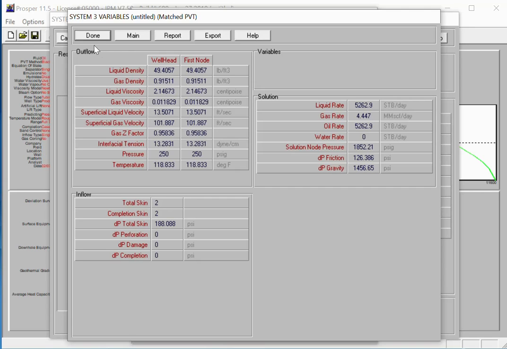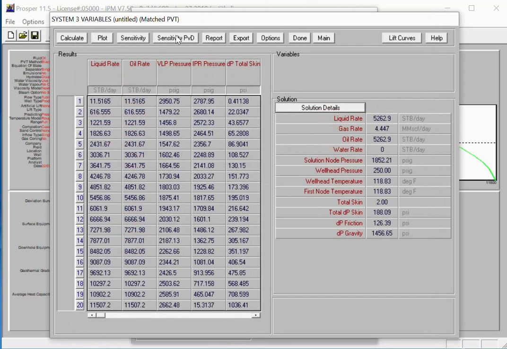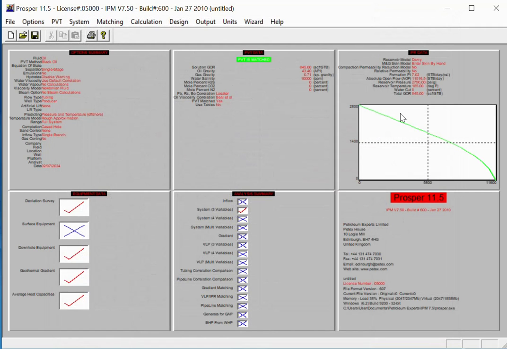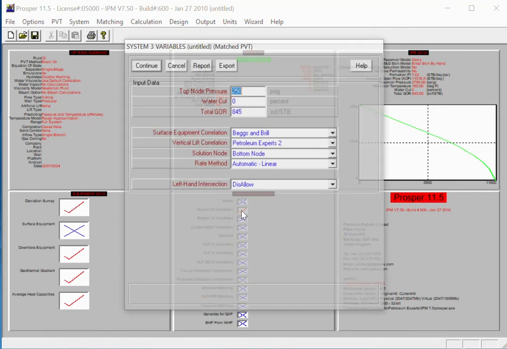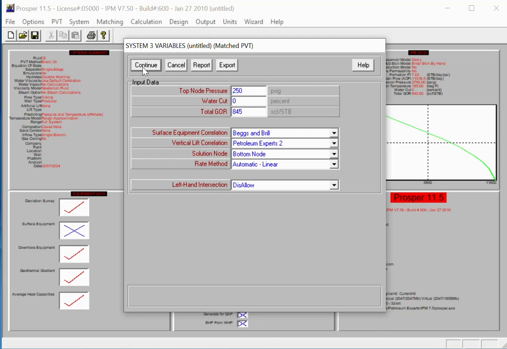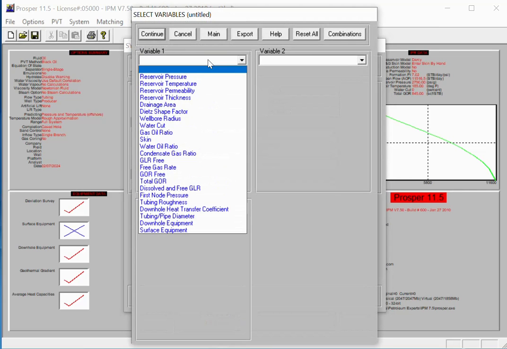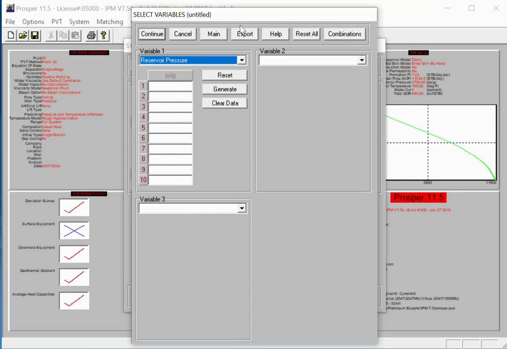A lot of other details you can go into, and then you can do your sensitivity, pressure versus depth or whatever, or other sensitivity. Okay, this is because I didn't input anything here, so I didn't specify values here. If I choose any of these, maybe reservoir pressure, and sensitize, that should work well. I'm not going to do this in this tutorial.